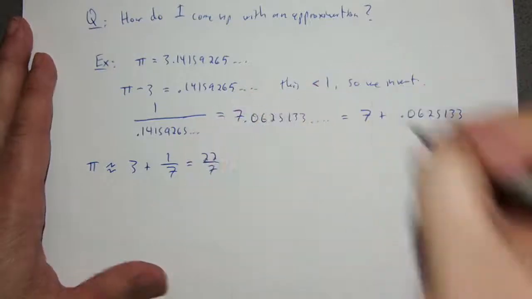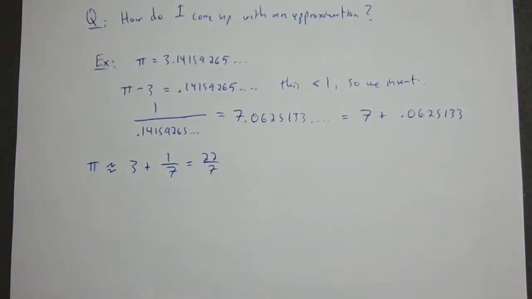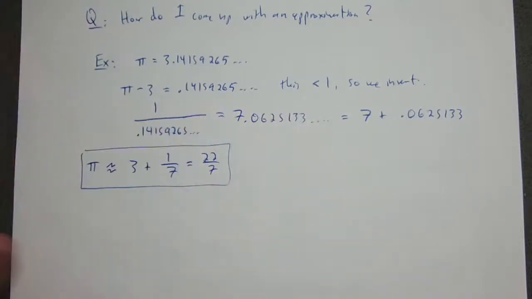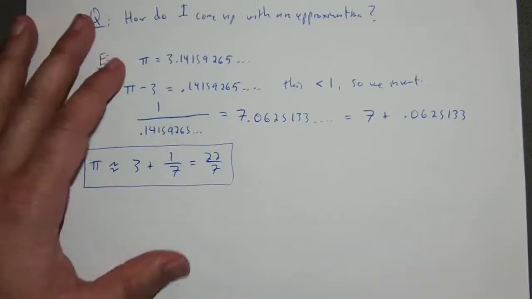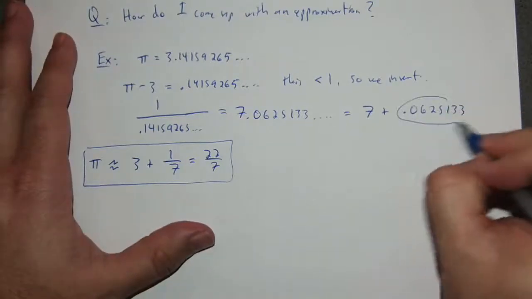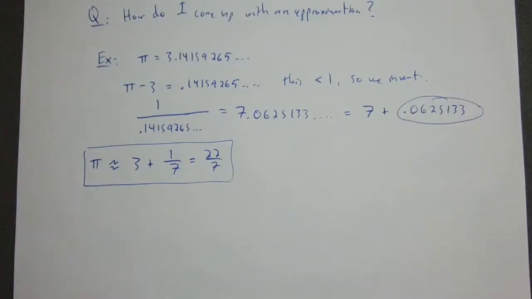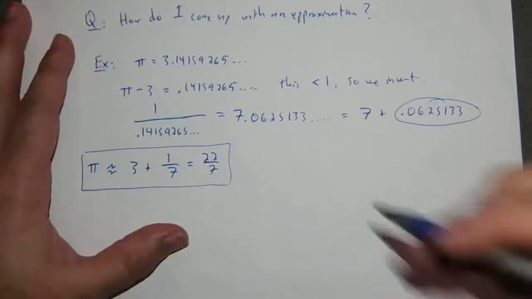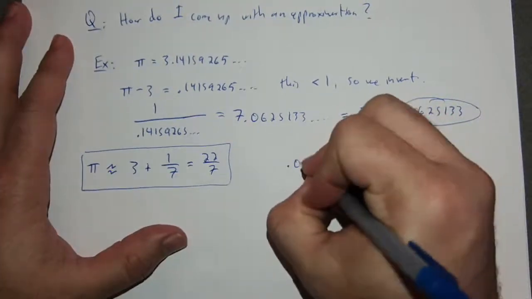So that's one thing you could do. Maybe you're happy with that, maybe that's a fine approximation. But the other thing is to take this bit and continue the continued fraction for this extra decimal bit.